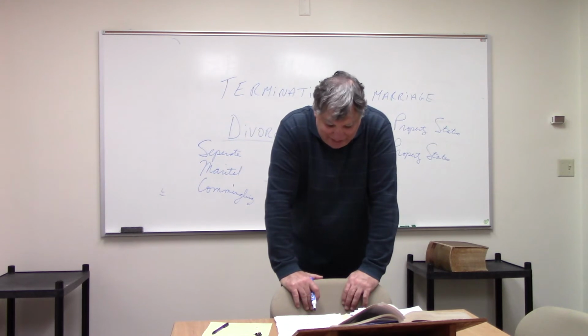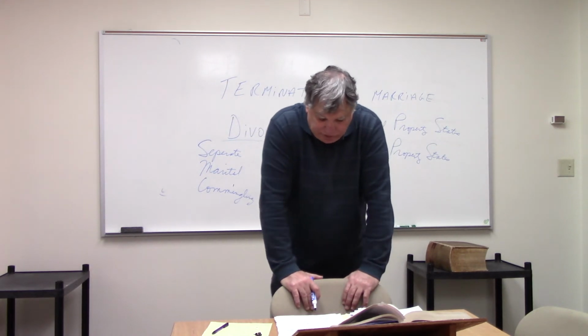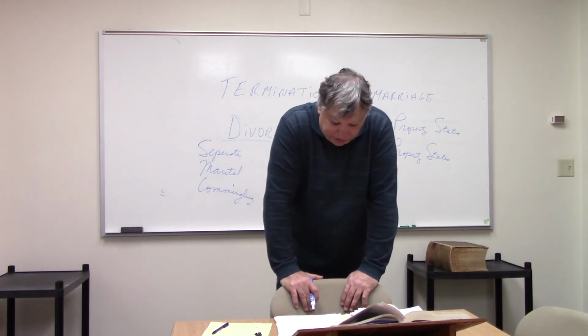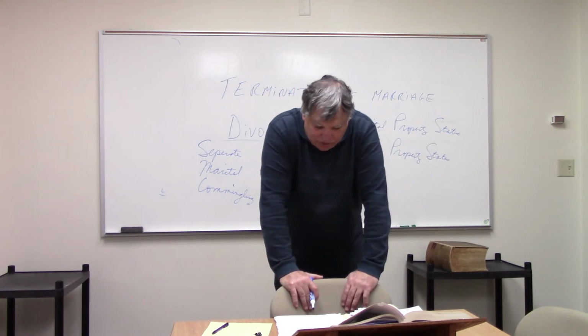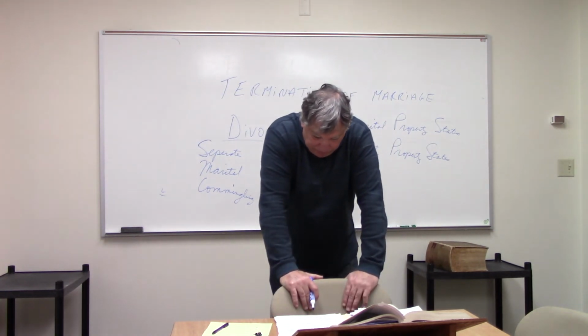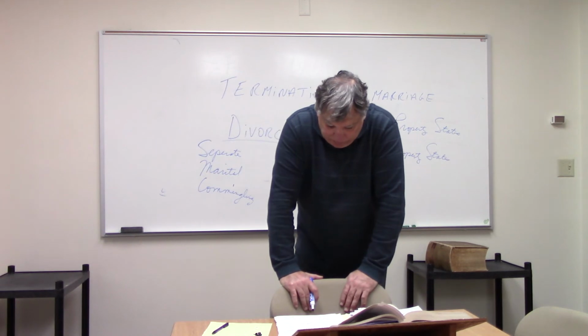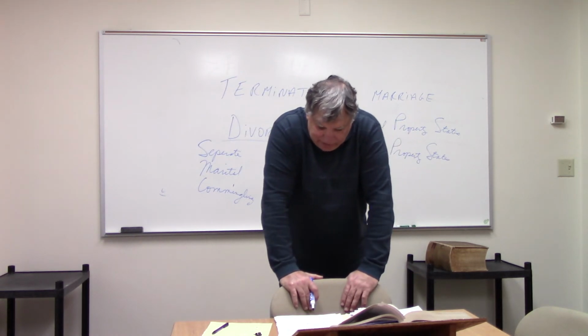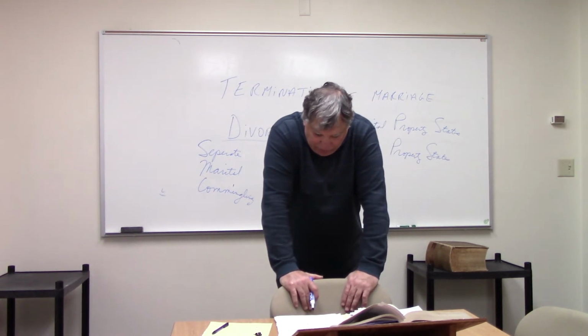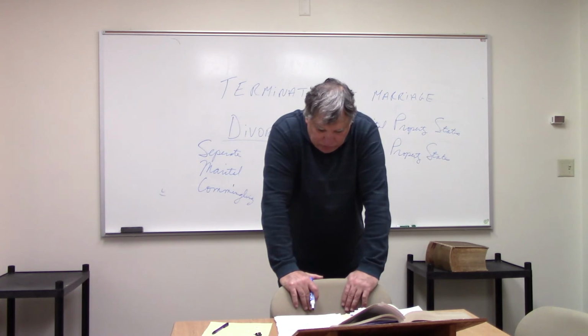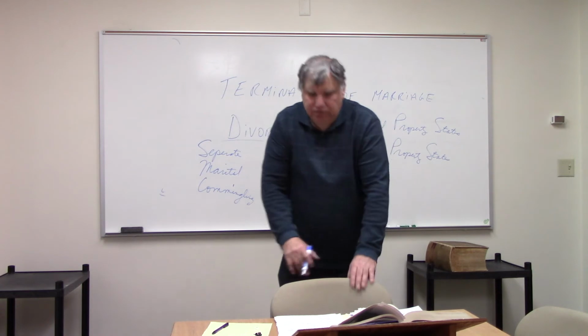So the idea again is the respective earnings of the husband and wife during marriage are owned equally when received. And the court will allocate the net value of each part of this property, a one-half interest to each spouse.